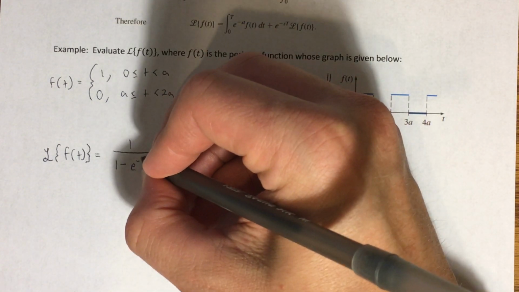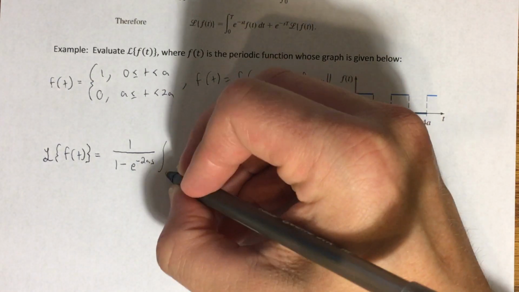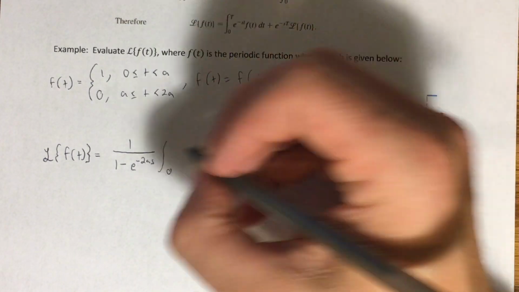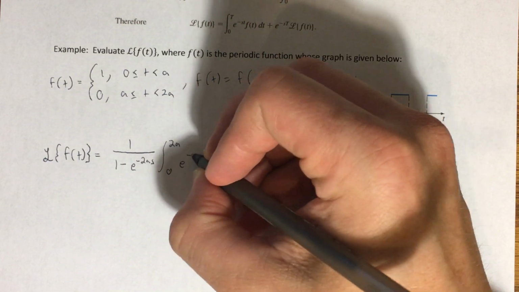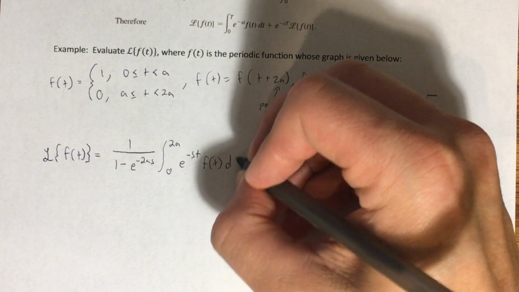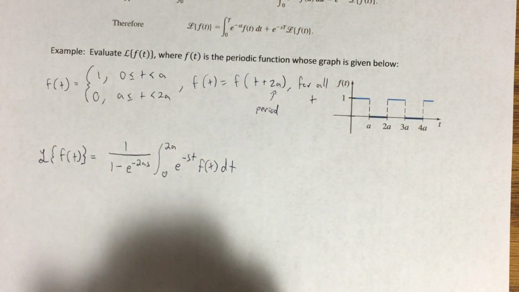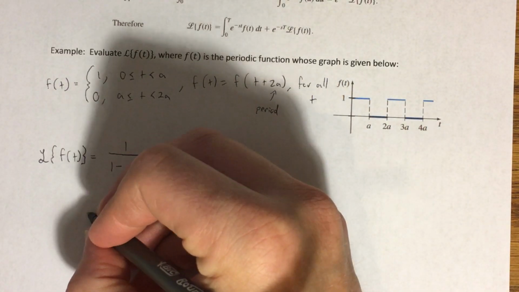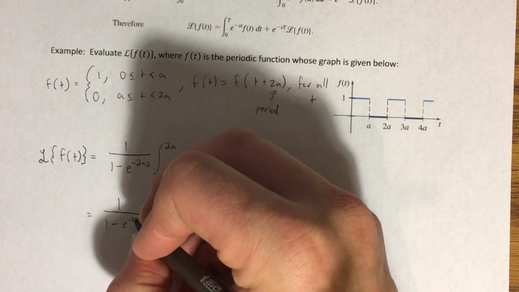So I'm going to write that this way, negative 2as, times the integral from 0 to capital T, which again is 2a in this case, of e to the negative st times my function f of t dt.